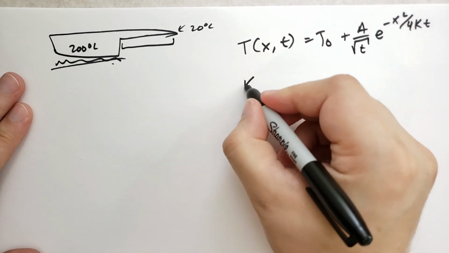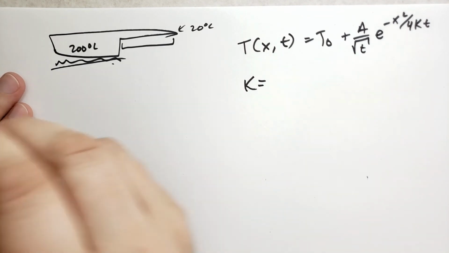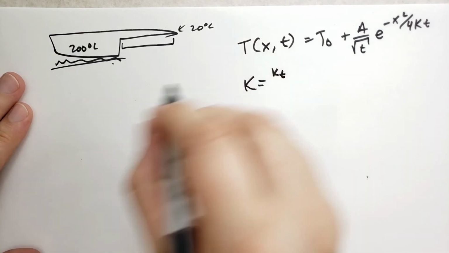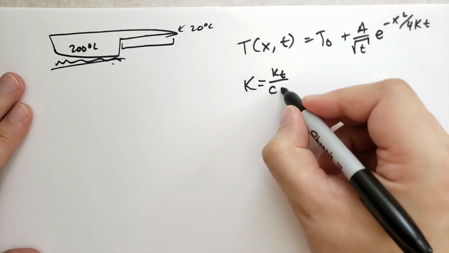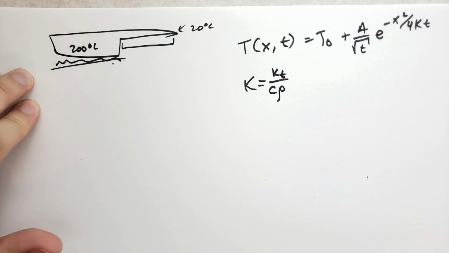And this K is not the Boltzmann constant. This K is the kappa that we just discussed divided by the c, the heat capacity per mass, the specific heat, and rho, the mass density.